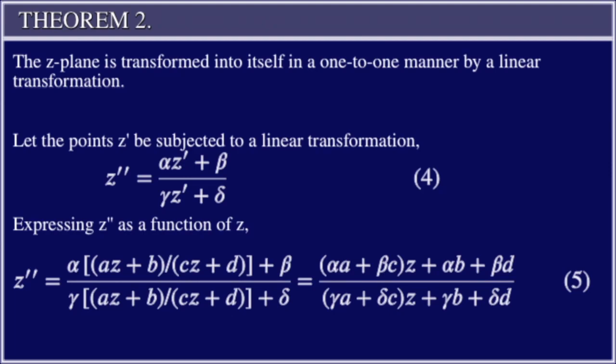Expressing z double prime as a function of z, z double prime is equal to alpha times the quantity az plus b divided by cz plus d, plus beta, all divided by gamma times the quantity az plus b divided by cz plus d, plus delta, equal to the quantity alpha a plus beta c times z plus alpha b plus beta d, all divided by the quantity gamma a plus delta c times z plus gamma b plus delta d, equation 5.